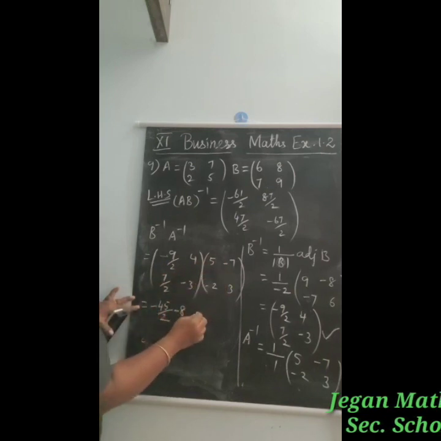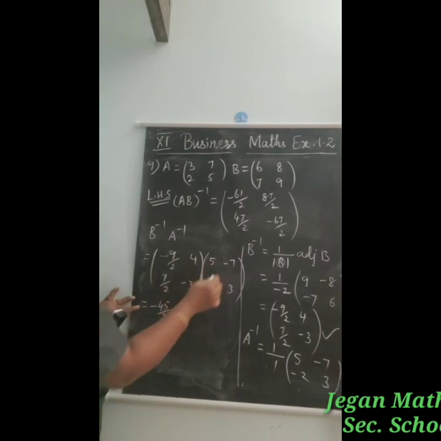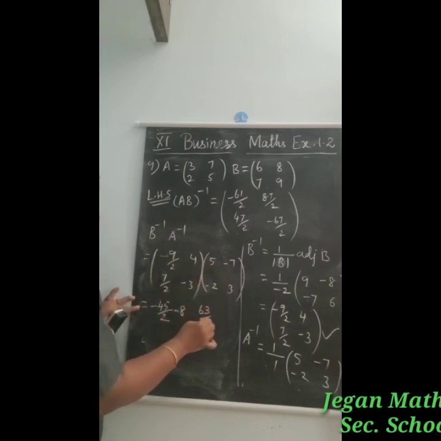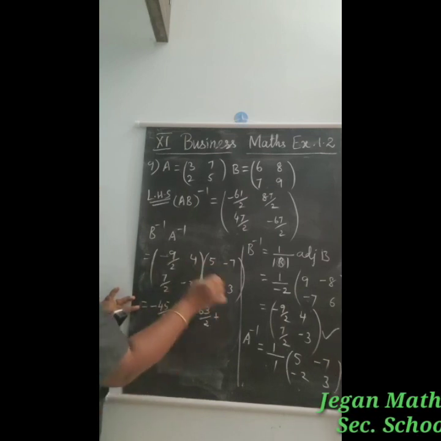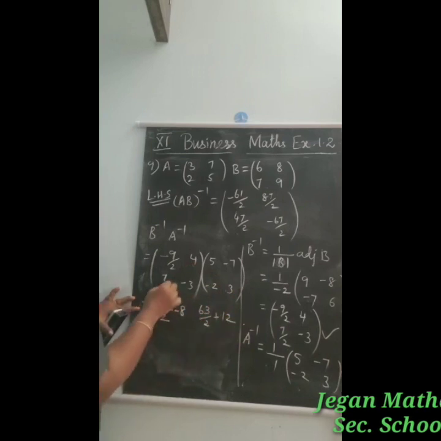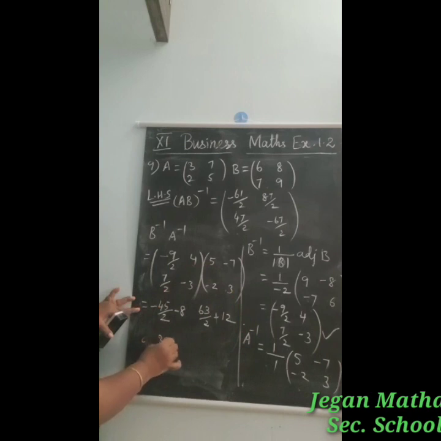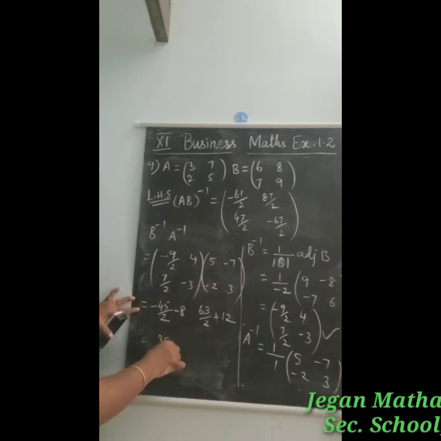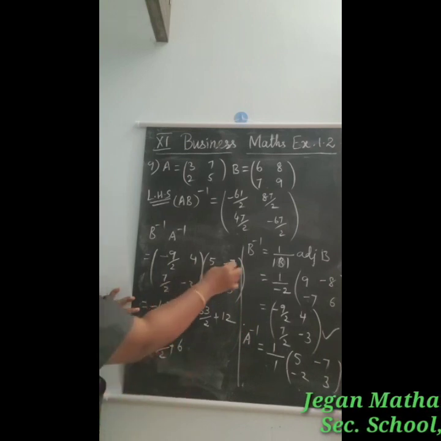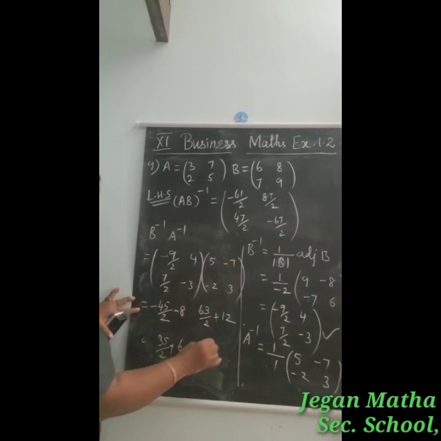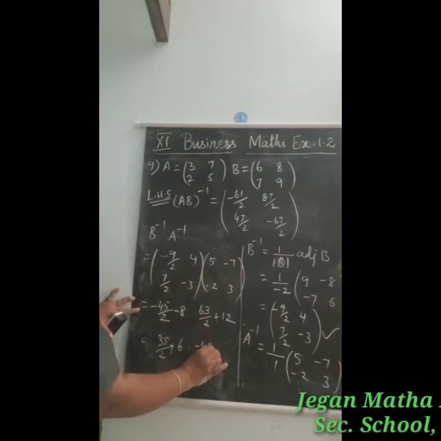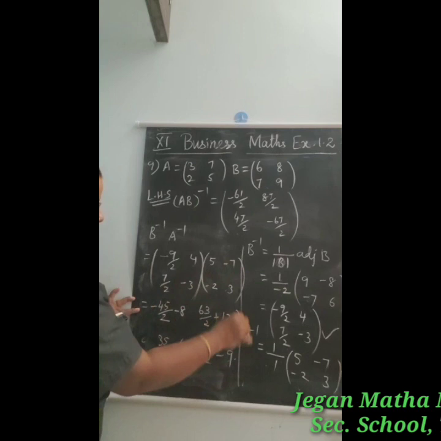And the next one, minus of minus plus, 9 7s are 63 by 2, plus 4 3s are 12. And next one, 7 by 2 into 5, that is 7 5s are 35 divided by 2, minus of minus plus 6. And minus 49 by 2, minus 3 3s are 9.